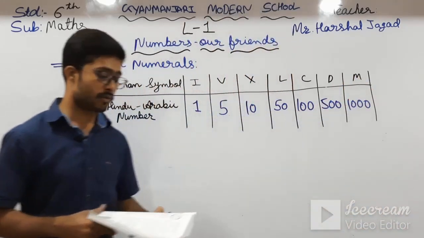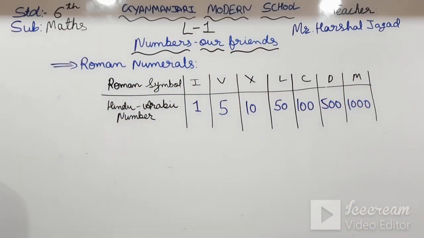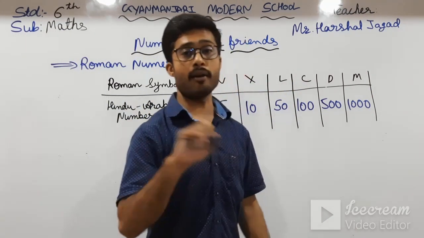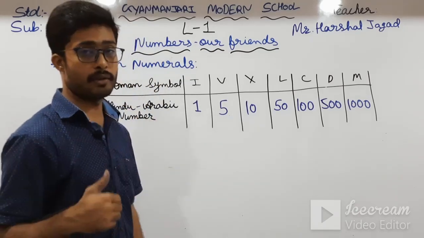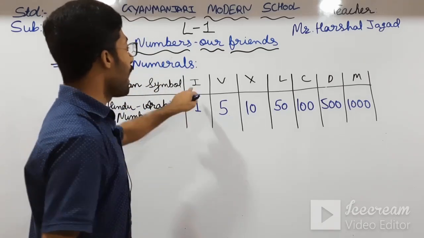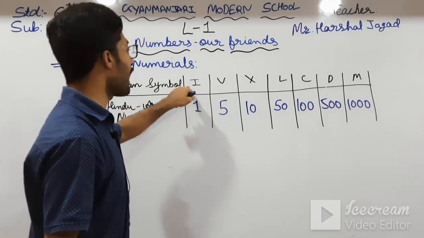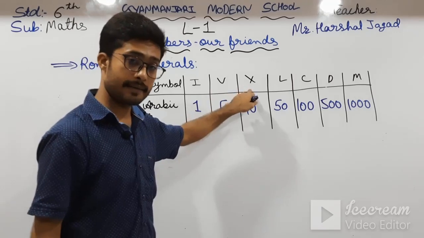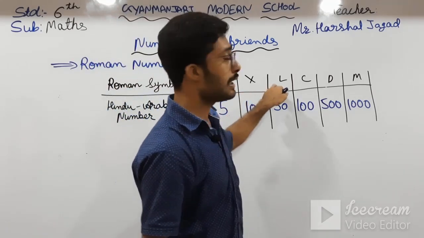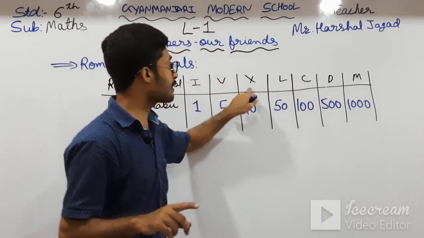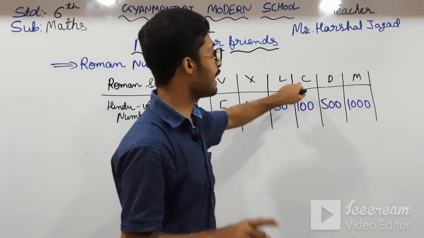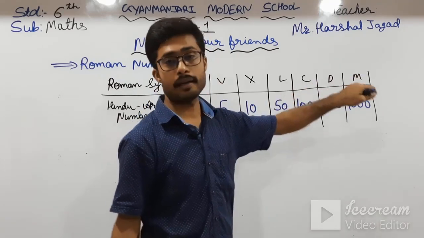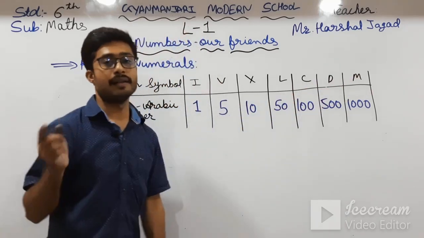Okay students, so in rule number 6, V, L, D cannot be subtracted from the larger value, and in rule 6b, I can only be subtracted from V and X, and X only can be subtracted from L and C, and C can only be subtracted from D and M. This is your rule number 6.